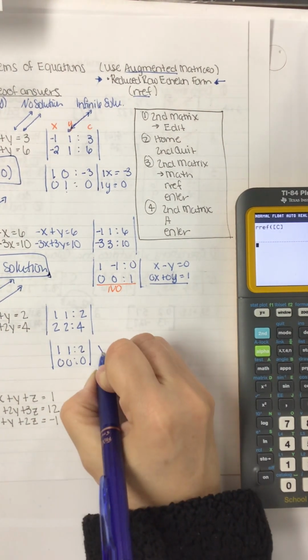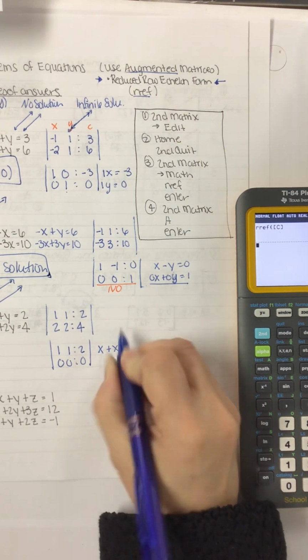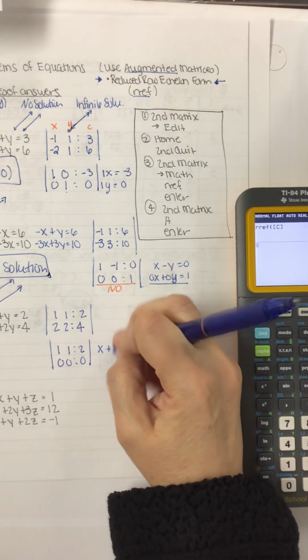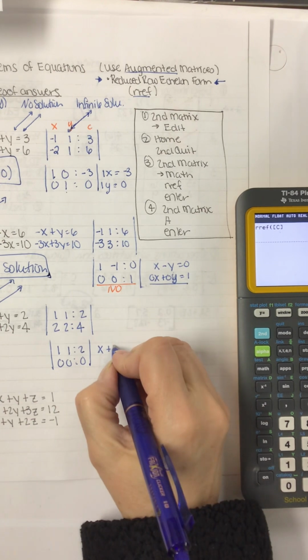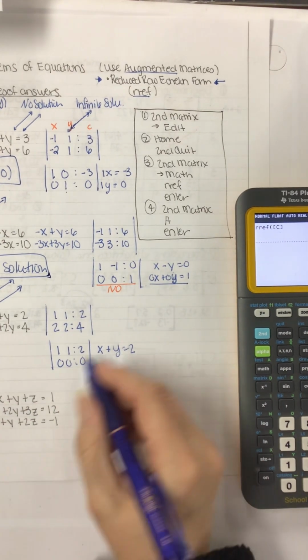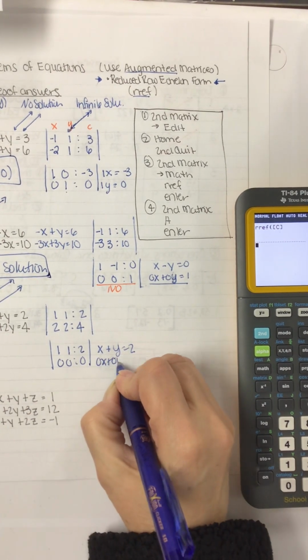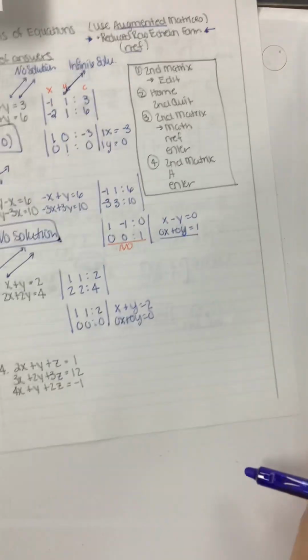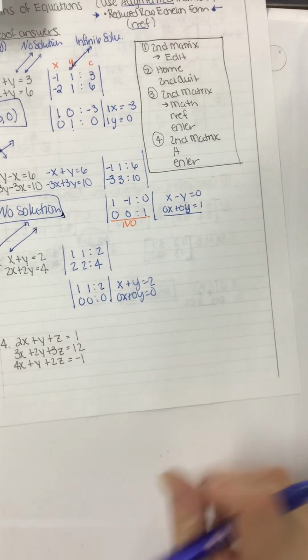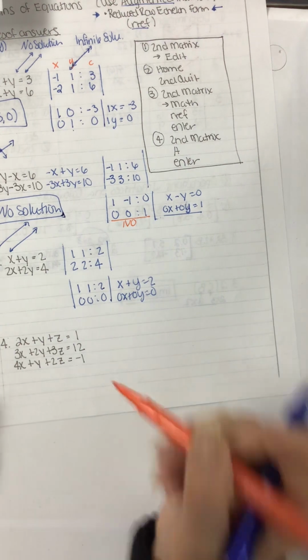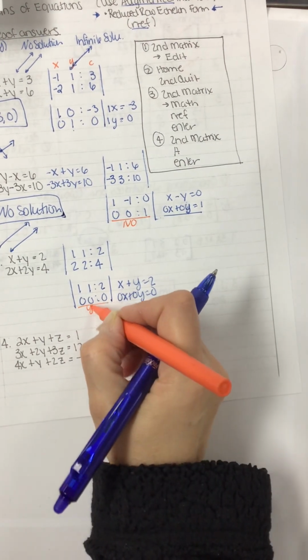Well, 1x plus 1y equals 2, and this would be 0x, 0y equals 0. Is that possible? Is it possible to have 0 plus 0 equals 0? Yes, this right here tells us yes, it's possible.